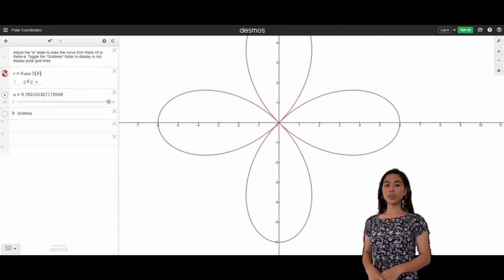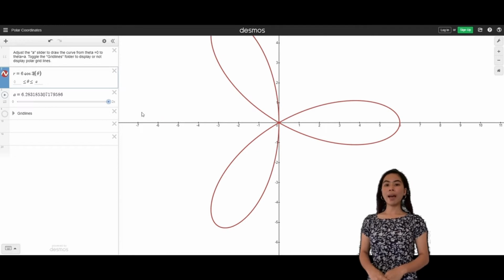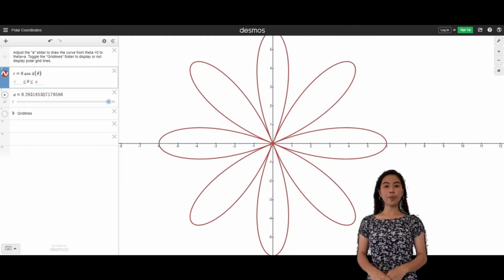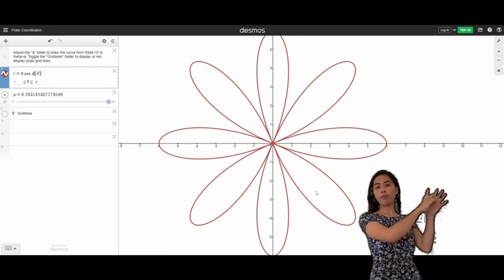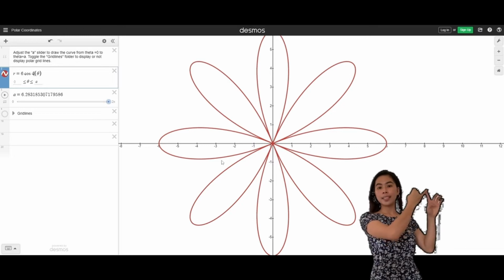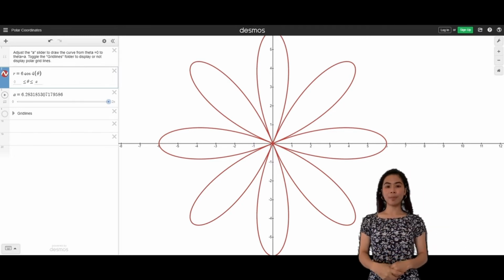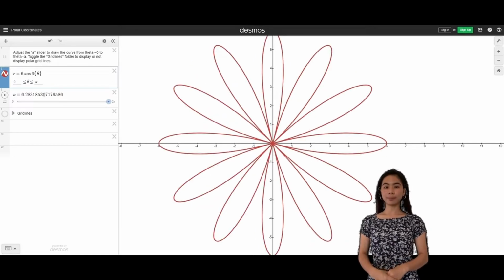Now, let us try to change the value of n. For 3, we have 3 petals. If we have 4, we have 1, 2, 3, 4, 5, 6, 7, 8 petals. Let's just continue to change the value of n.